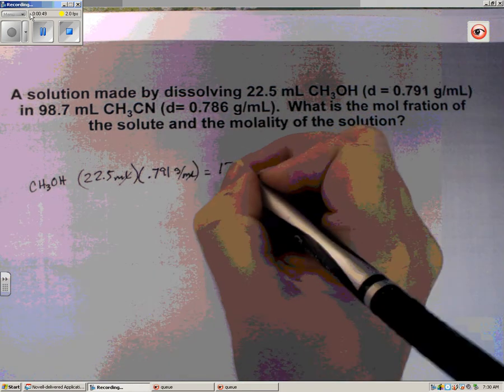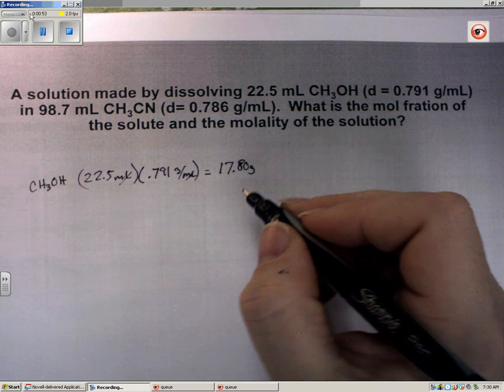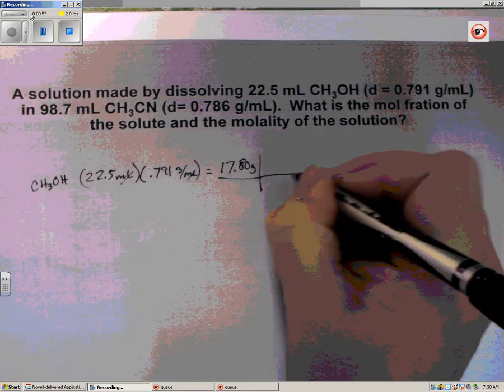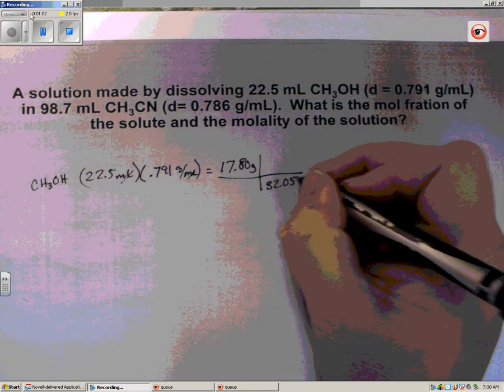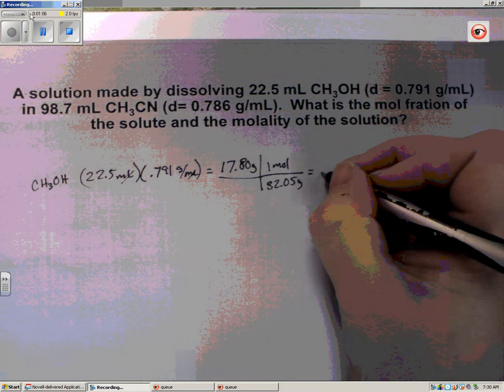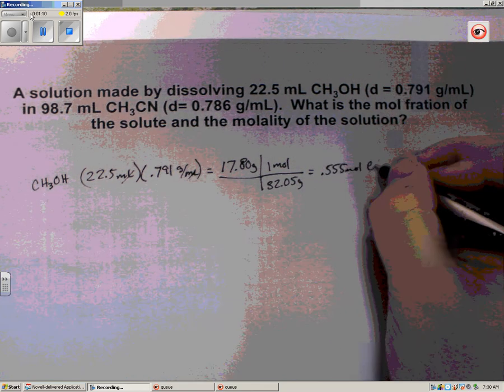That's 17.80 grams. And then to get to mole fraction, we need to get to moles. So moles, the molar mass of that one is 32.05 grams in 1 mole. So that means we have 0.555 moles of methanol.